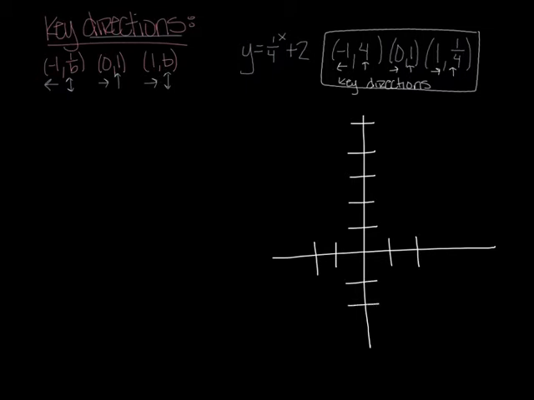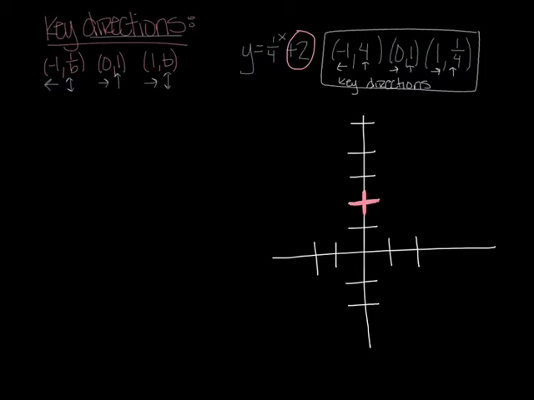Now, the first thing that we need to do is apply the vertical shift from the very, very beginning. So this vertical shift is where I'm going to start. So I go to the origin and I move up 2 units because this tells me up 2. So I travel up 2 units and I'm going to put a new set of crosshairs. That's going to be where I start all of my counting with my directions.